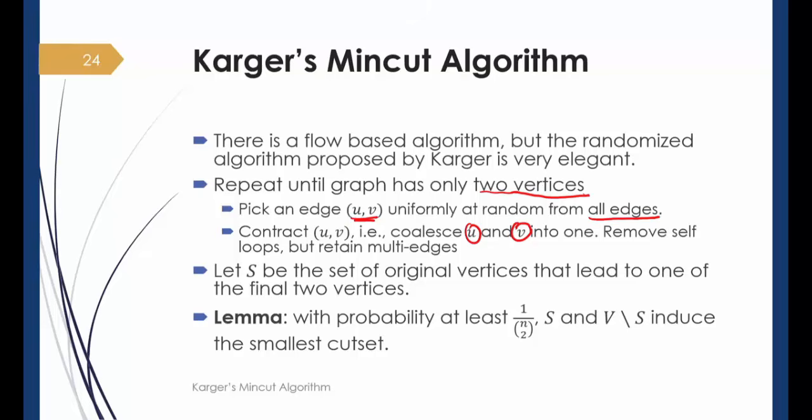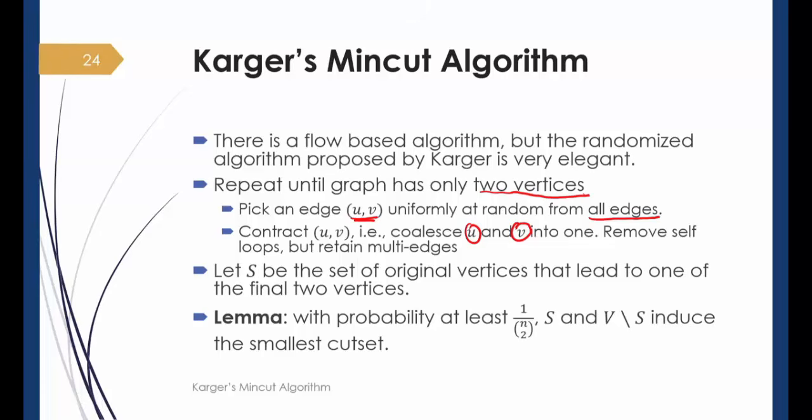So, we will be retaining the multi edges though. The self loops we will discard, but the multi edges we retain. And as we coalesce, we keep track of the super nodes and the original nodes that they actually comprise. Each super node was formed by smaller super nodes or smaller original nodes.